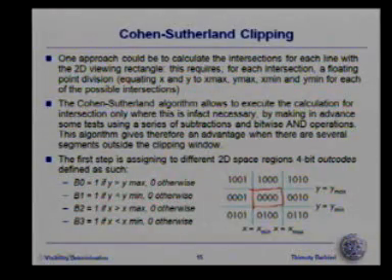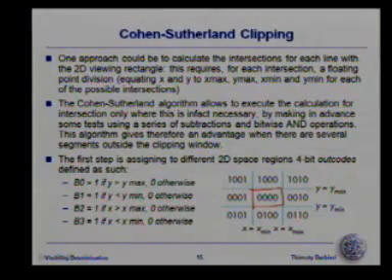You put the first bit, that is bit 0, to 1 if the y-coordinate of that region is greater than the maximum, the y-max of the clipping area. So this is y-max, this is y-min, this is x-min, and this is x-max.